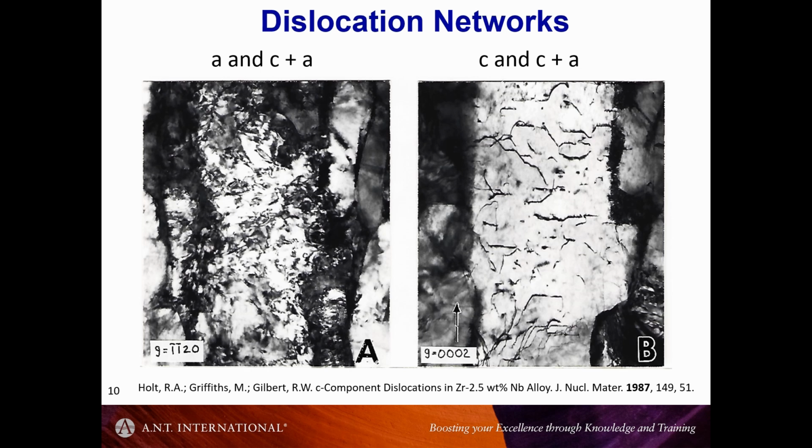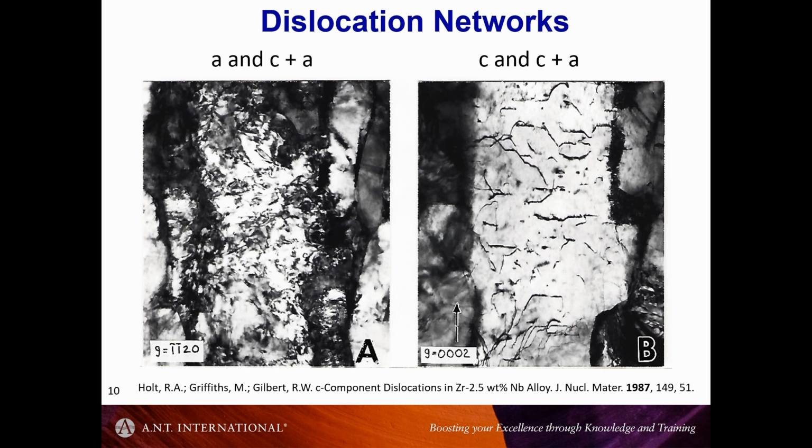Zirconium alloys are peculiar compared to austenitic alloys, although I could go back to basics and the crystallography, but I have to assume that you know something about the crystal structures of different materials.